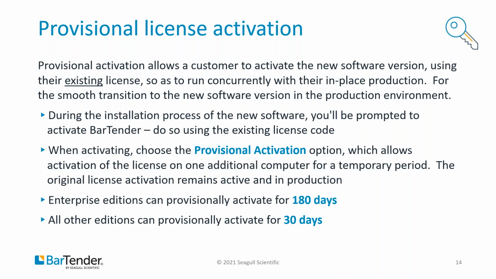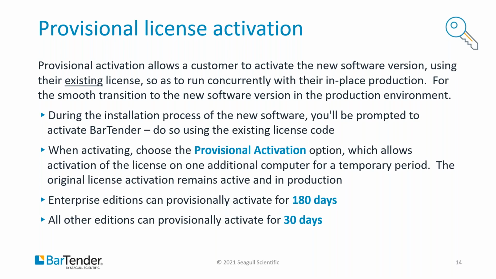And this is to allow a smooth transition to the new software version in the production environment. Now, the principal reason why we introduced provisional licensing is because of a break in compatibility between BarTender 2016 and BarTender 2019. We'll come on to that in just a moment.